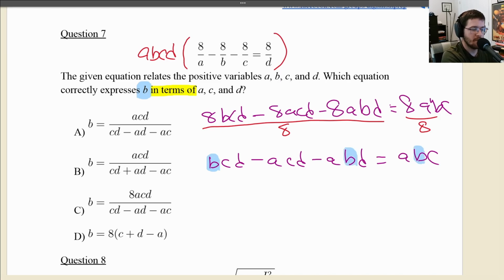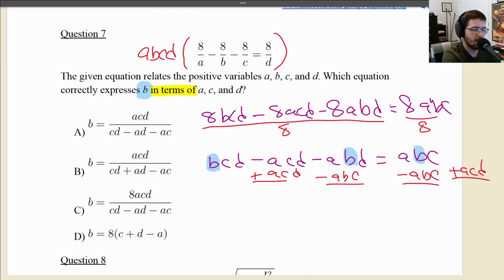I suppose it's personal preference, but I would rather move this guy over here because there are more B's over there. And why don't I first get this guy over to the other side? Or we'll do it in one go. So I'll add ACD to both sides, and then I'll subtract ABC from both sides.